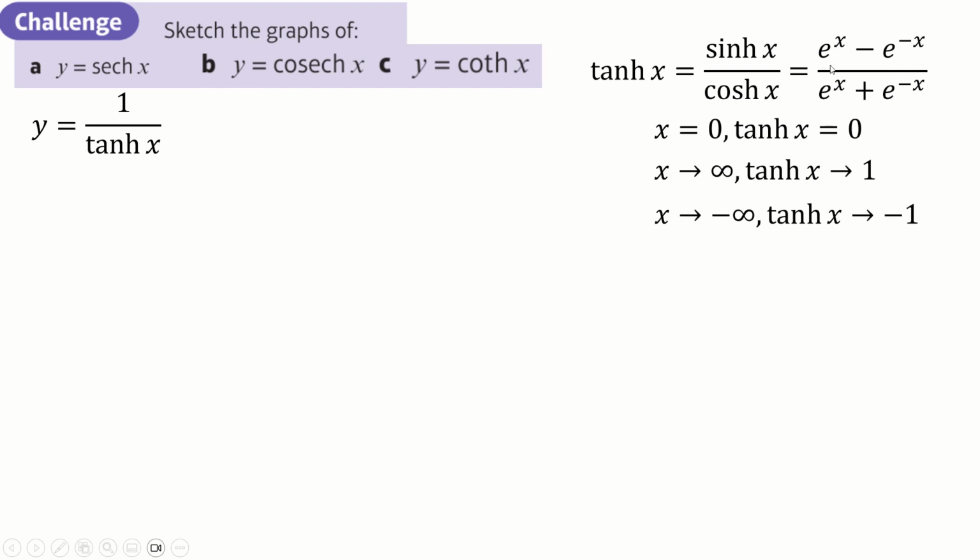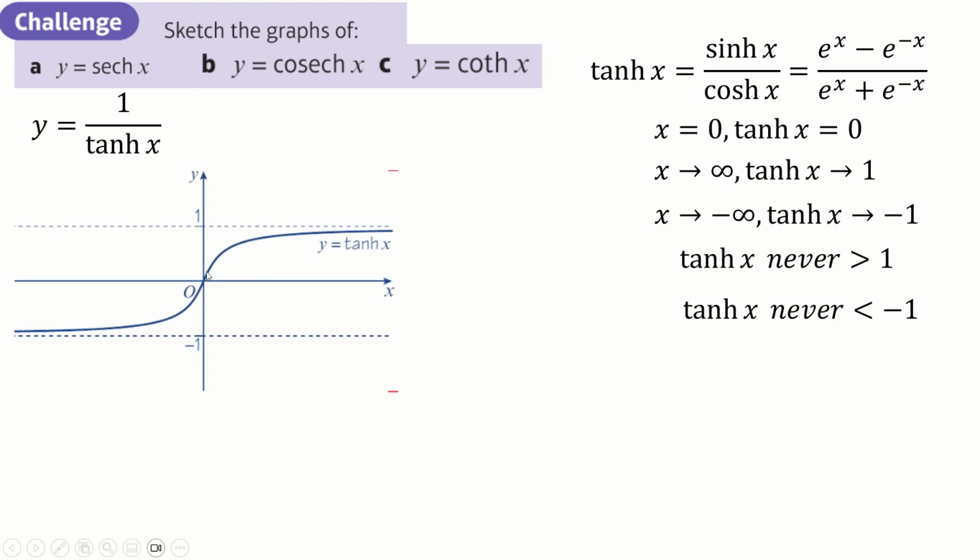The last thing I'll say is that these numbers are always positive. e to the power something is always positive no matter what, which means this numerator is always less than this denominator, which means that this graph never gets bigger than 1, and it also never gets less than minus 1. So it's going to track up to an asymptote at plus 1 and minus 1. It's going to go through the origin, but it's never going to go above 1 or minus 1, which means it must look like this, basically. This is pretty much the only thing that it can do.